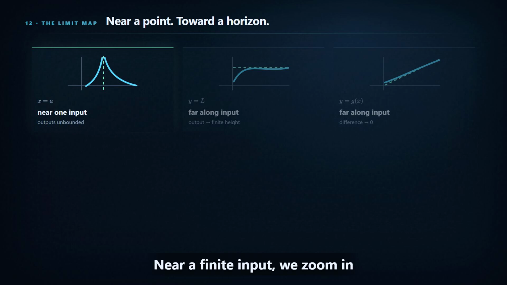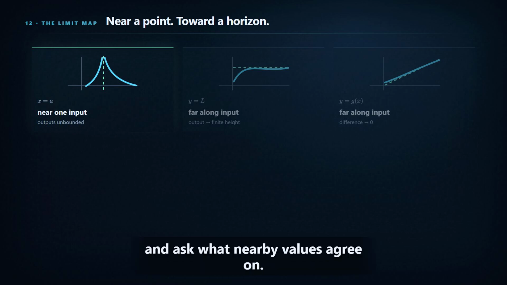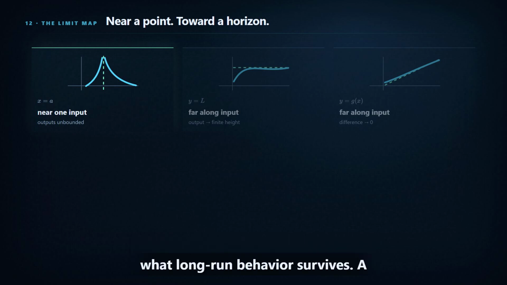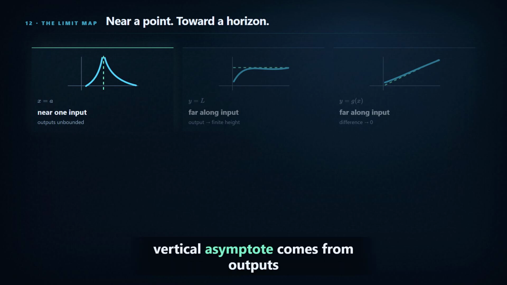Near a finite input, we zoom in and ask what nearby values agree on. Toward infinity, we travel outward and ask what long-run behavior survives. A vertical asymptote comes from outputs becoming unbounded near a finite input.